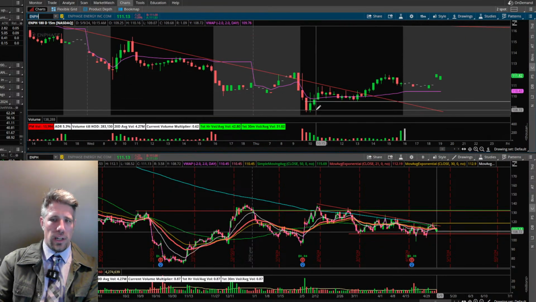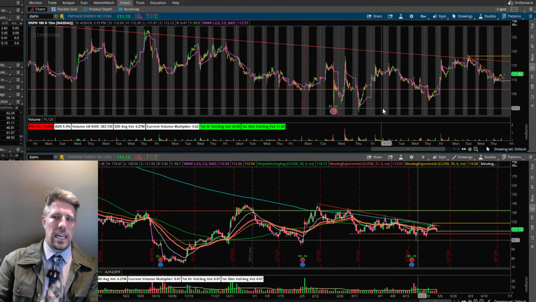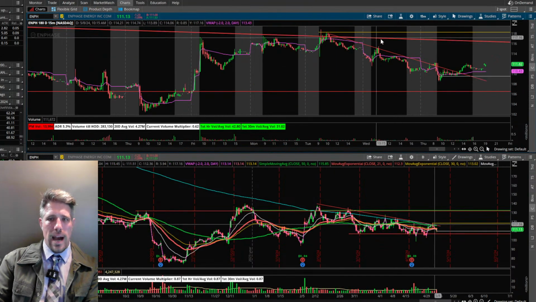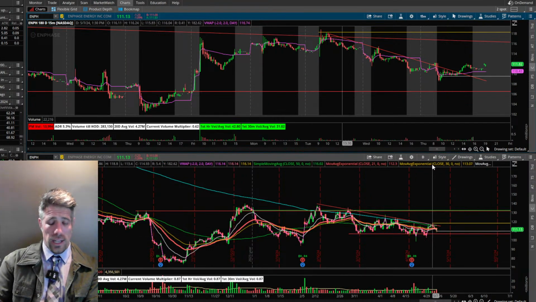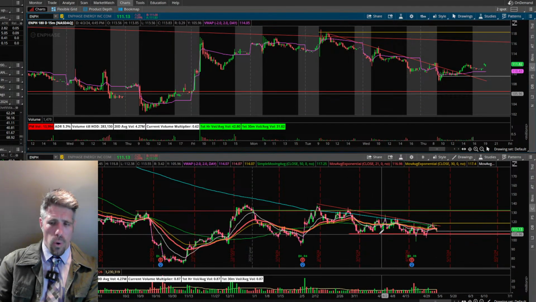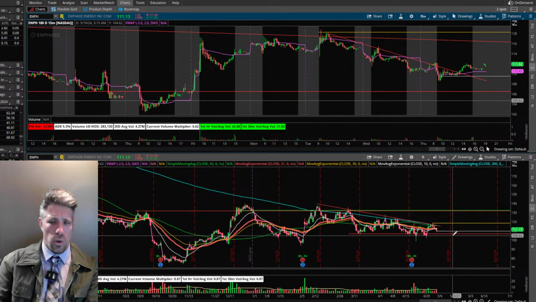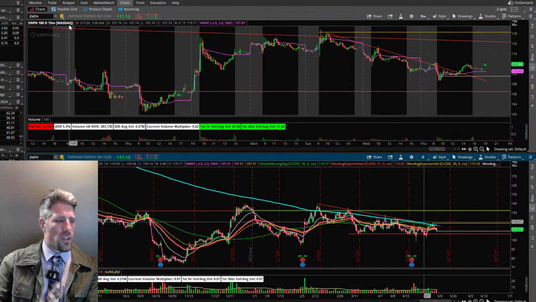I exited out of here, and I'm glad that I was staying vigilant on this trade. It netted me a humongous profit on this short sale trade. Now, this was just a 3-day swing trade. Of course, I'd like to grab something and hold it for longer. But with all of this support down here at this 106, 107 area, I decided to get out and wipe my hands clean of this trade.